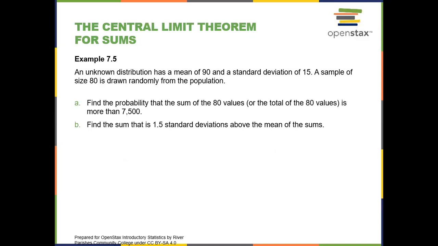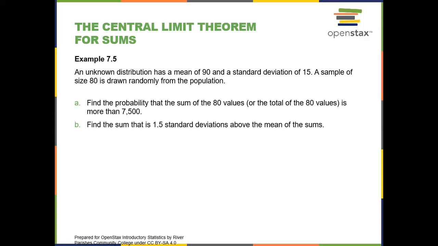Find the probability that the sum of the 80 values. So an unknown distribution has a mean of 90 and standard deviation of 15. A sample of size 80 is drawn randomly from the population. Find the probability that the sum of 80 values, or the total of 80 values, is more than 7,500. Okay.